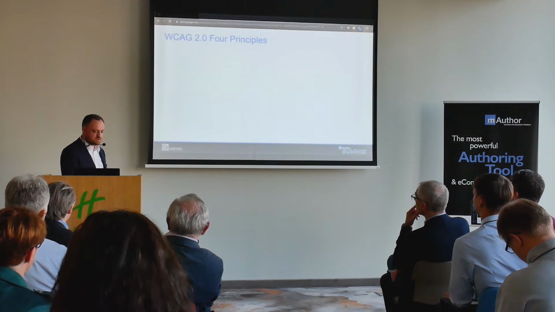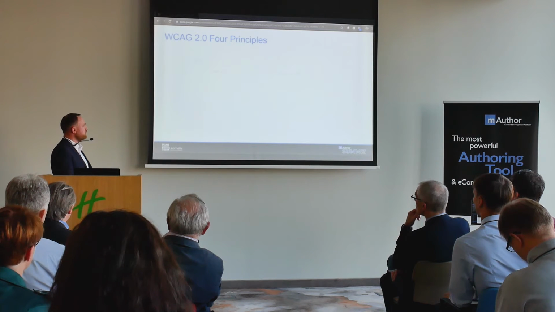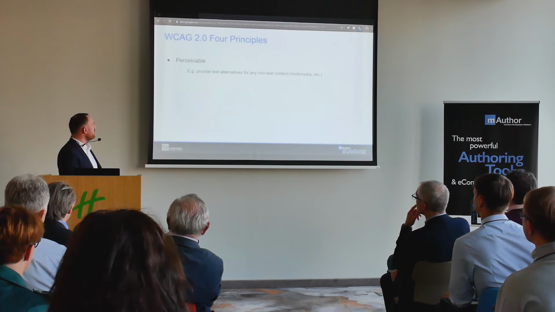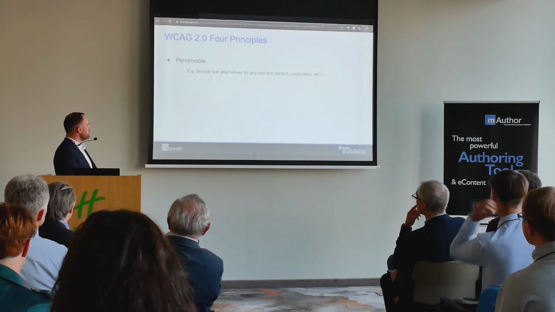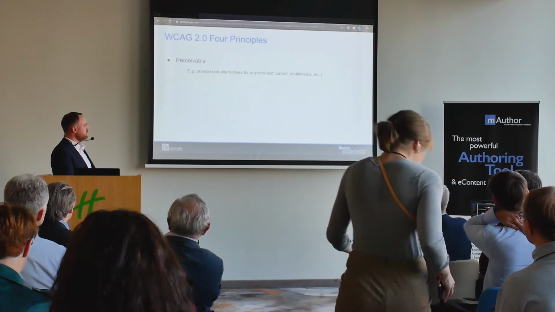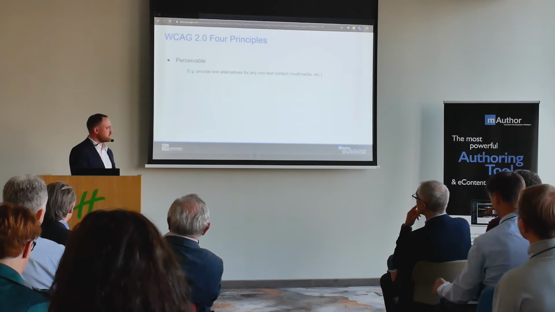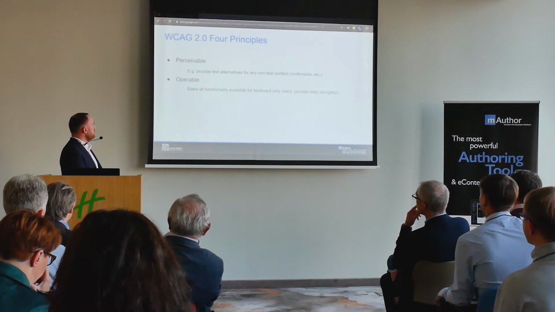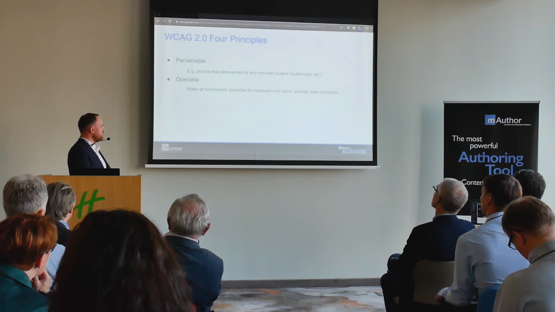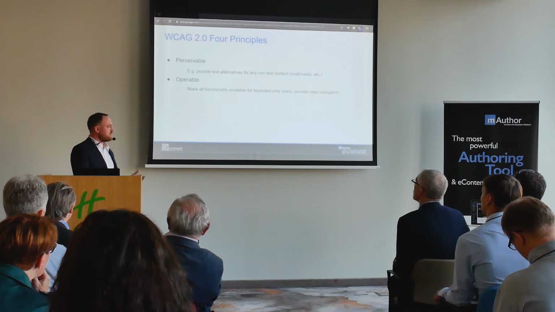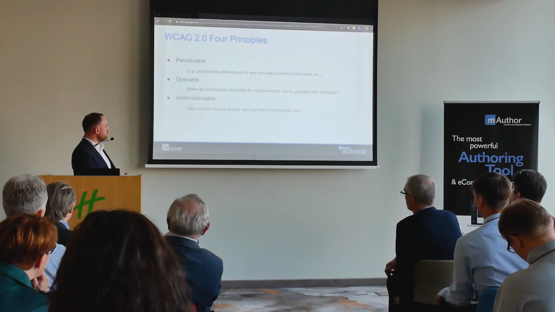This documentation, the WCAG, is divided into four main principles. The first is that web content should be perceivable, which means we should provide alternatives for multimedia content. Next is operable, so all functionalities should be available, for example, for keyboard-only users.